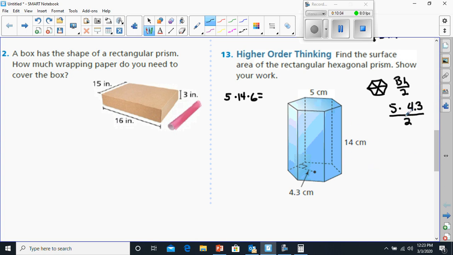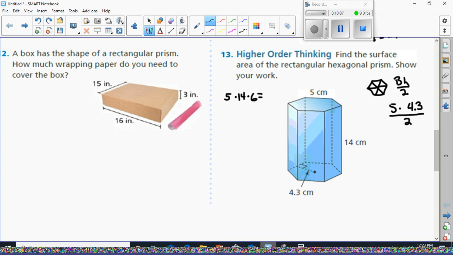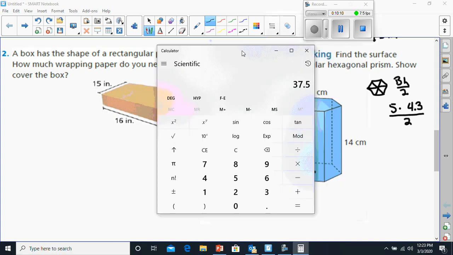So let's do this here. 5 times 4.3 divided by 2. Well, if we take 5 times 4.3 and then divide it by 2, that's going to equal 10.7.